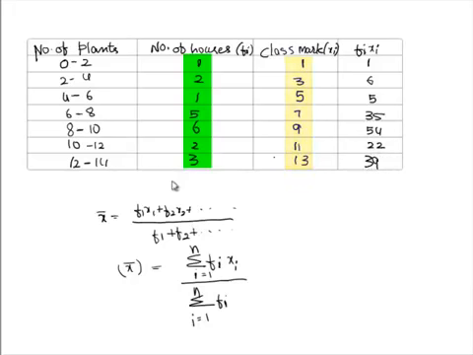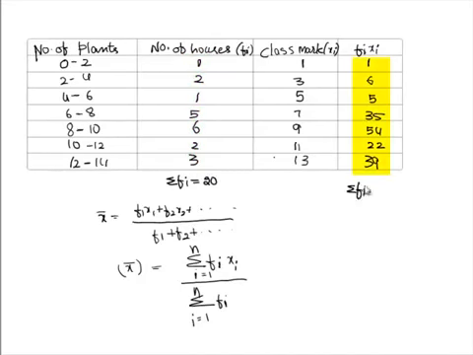Now we should find sigma fi, the sum of all frequencies, that is 20, and sigma fi xi, the sum of all fi xi, it is 162.